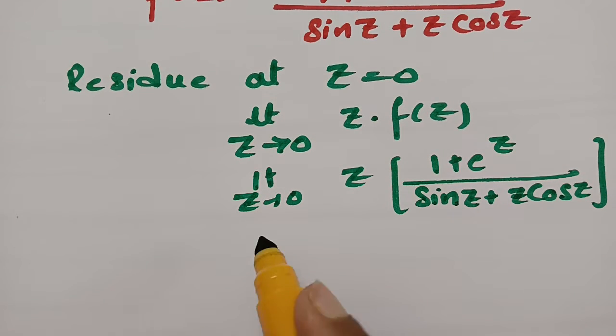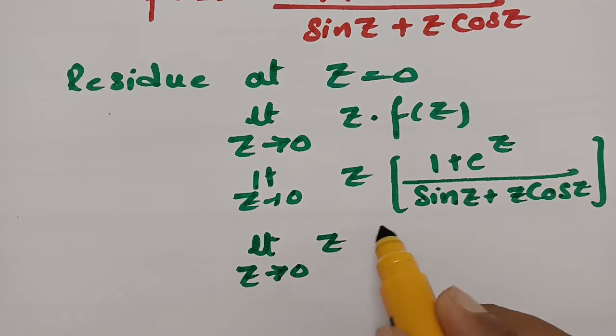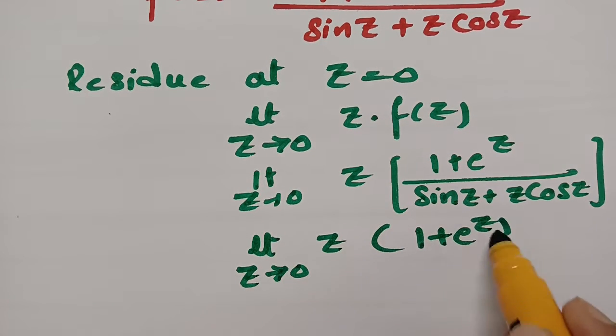Now, the limit as z tends to 0 of z into (1 + e^z).